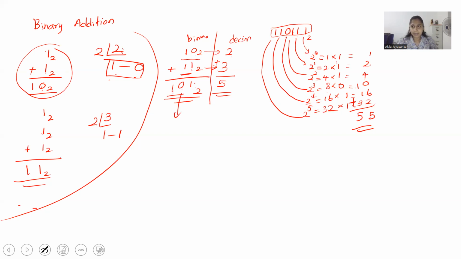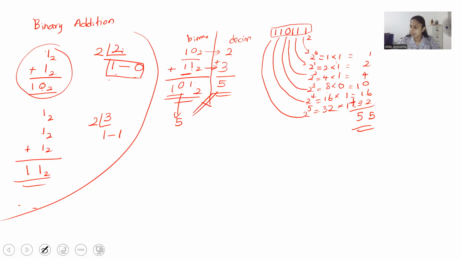What is the value? 5. Okay. Now you can see both give the same answer.